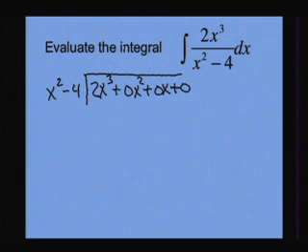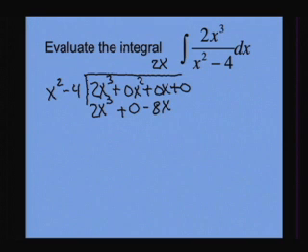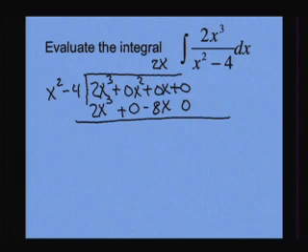And of course, what we'll notice is we need to multiply by 2x, which gives us 2x cubed. Then we get 0 here because there is no x term to multiply by. Then we get negative 8x, and of course, again, no constant, so that's a 0 there. And when we subtract, those of course add up to 0, and we're left with a remainder of 8x.